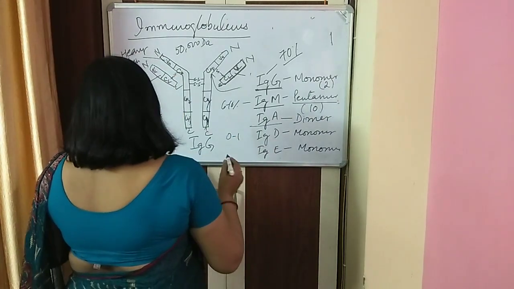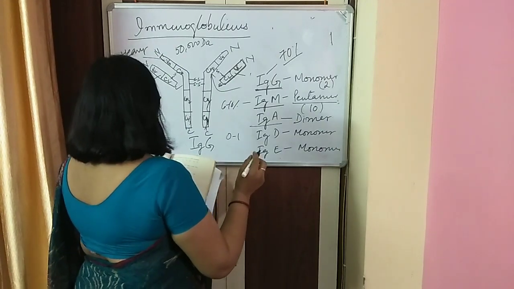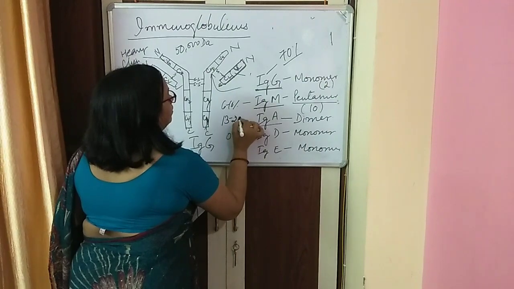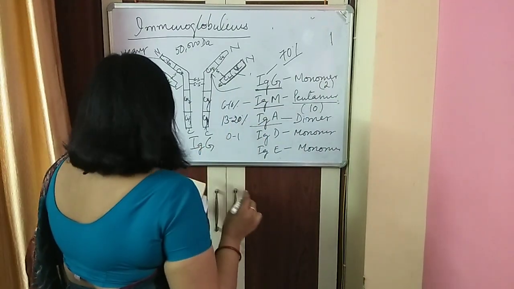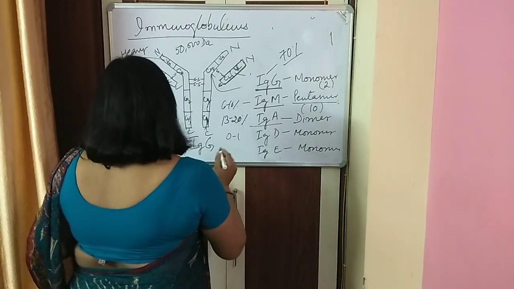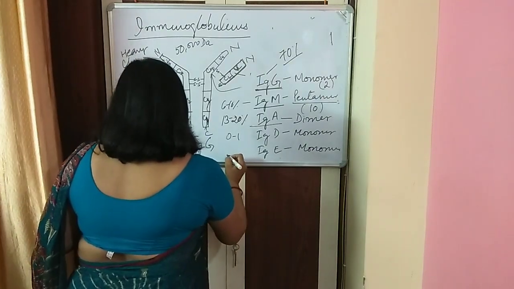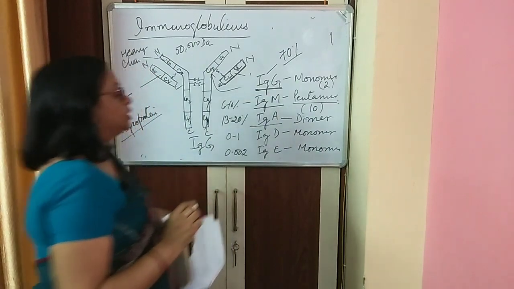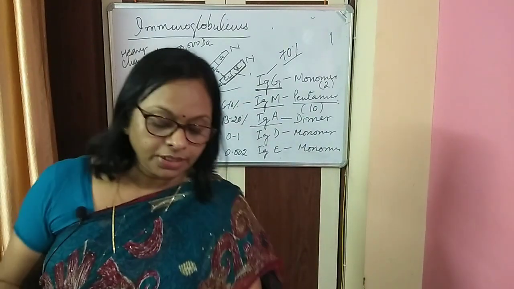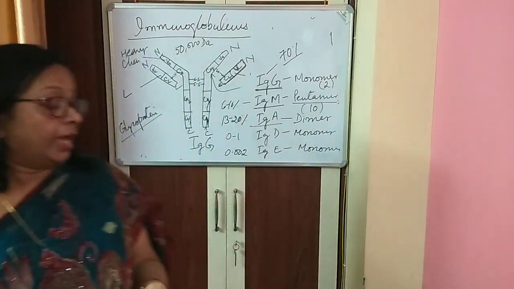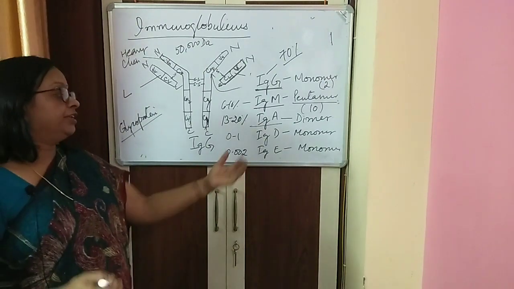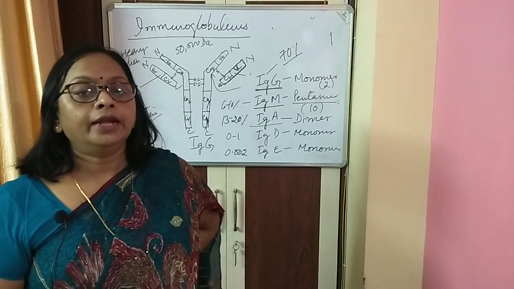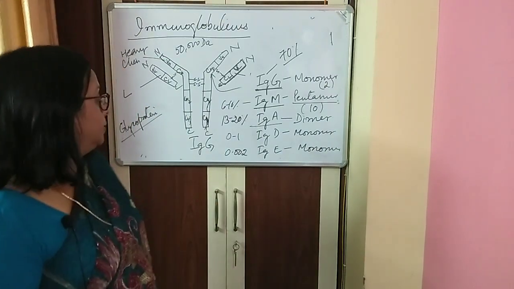IgA is 13 to 20%, and IgE is very less, 0.002%, because it is involved in the allergic reactions. So if its amount increases in the blood, that means the person is allergic.